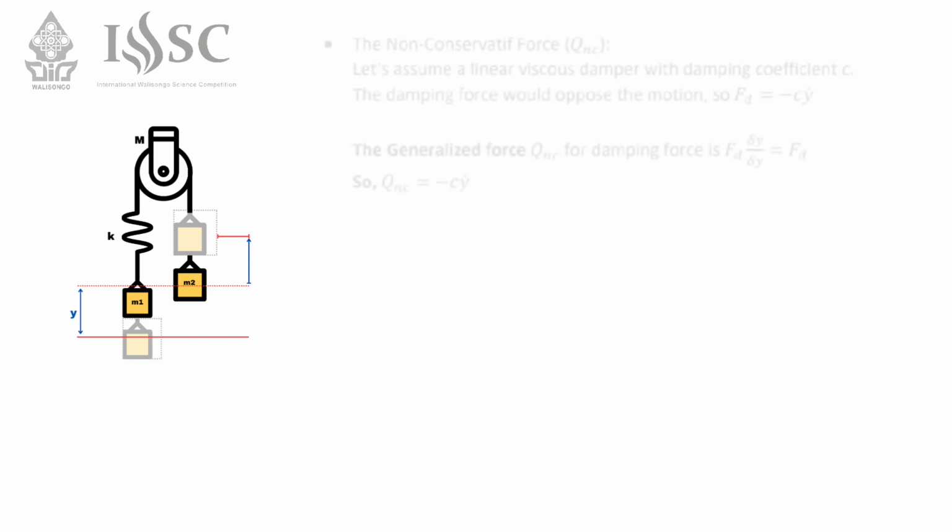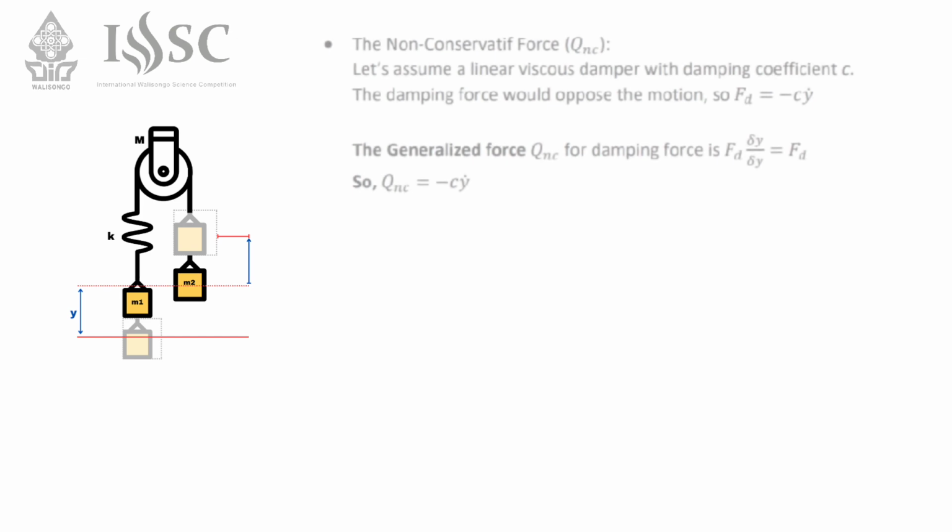And for the non-conservative force, Q_nc is like this. Let's assume a linear viscous damper with damping coefficient C, and the damping force would oppose the motion. So Q_nc is minus C y dot. Let's substitute the equations.